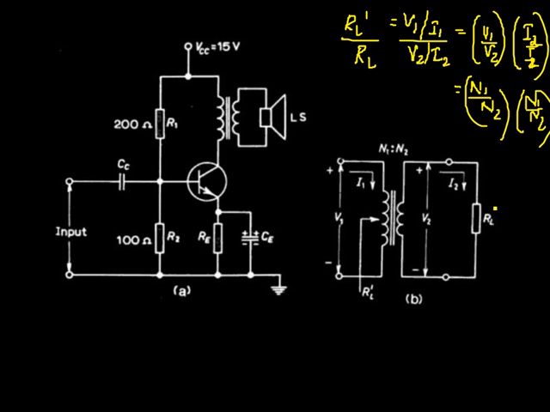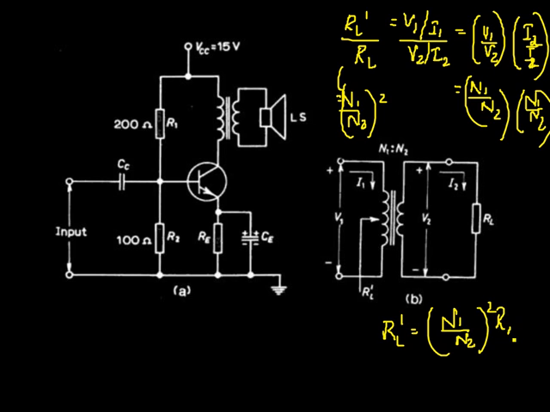So you get the ratio RL dash by RL equal to N1 by N2 the whole square, or the primary side impedance will be N1 by N2 whole square into RL. So by using a step down transformer of appropriate turns ratio N1 by N2, we can match a low resistance RL with a high output impedance R0 of the transistor. That is how the transformer provides impedance matching.